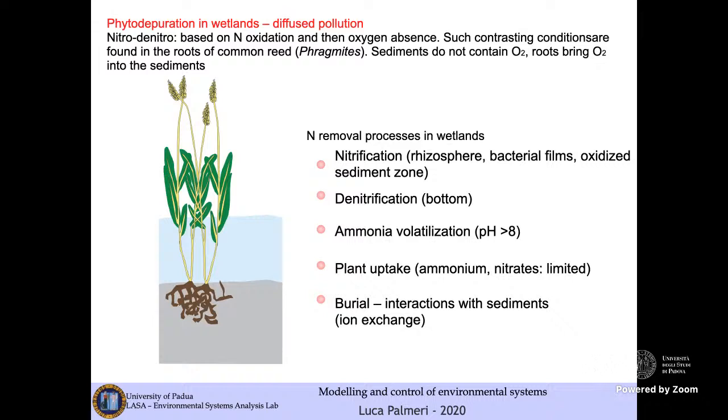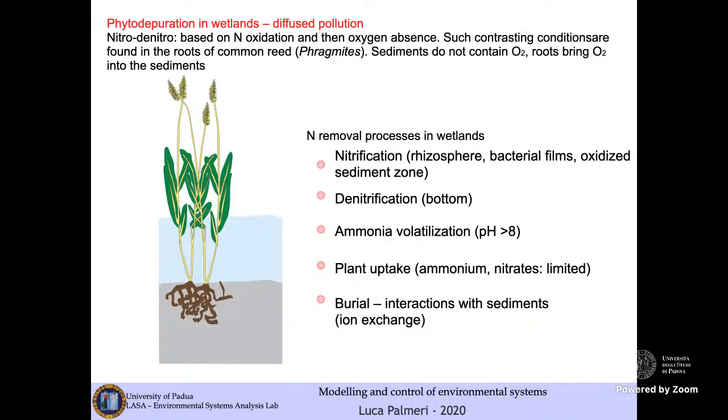Then oxygen is transferred to the root zone, and in the root zone of plants in wetlands, you have a coexistence of contrasting conditions in which you have low oxygen, so anoxic condition. So you have first oxic condition due to the fact that you have photosynthesis, and photosynthesis produces oxygen.